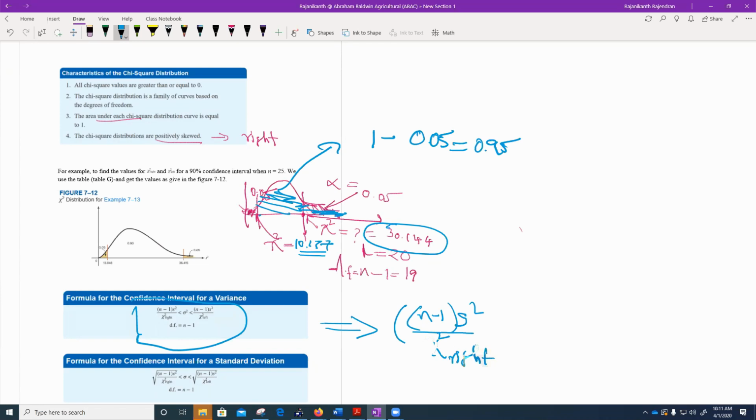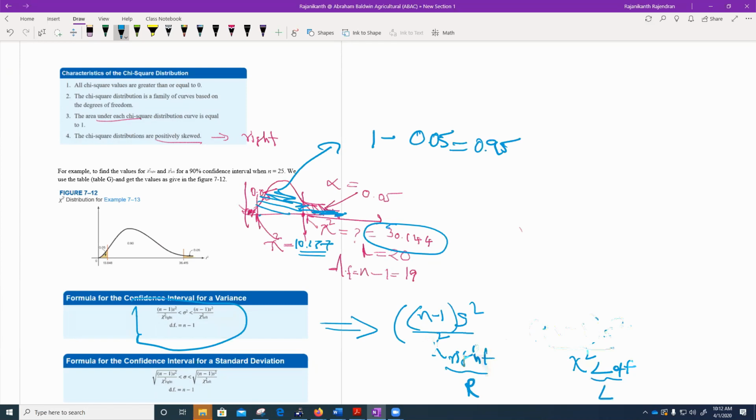This is your left interval point. Your right interval point is n minus 1, again times s squared, over the chi-squared left side point. Hereafter I will use the letter R for right and letter L for left.